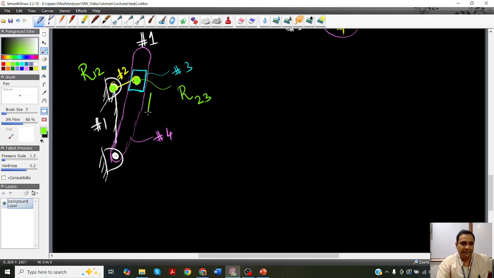That relative translation is prismatic. Relative means this one is different. Okay, don't get confused. That is from the top diagram. So there's a prismatic joint, relative translation happening between 3 and 4. Now finally, there's a relative rotation between ground and 4. So I'll call it 1 and 4.